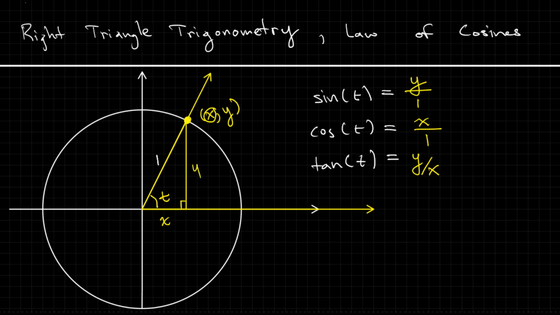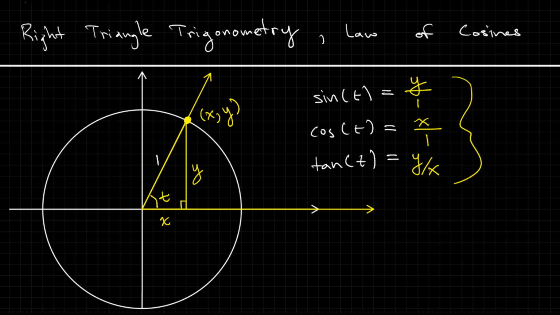Then y is going to be the length of this vertical side of my triangle. And of course, if we're on the unit circle, then the hypotenuse of this triangle, the long side that is opposite of the right angle, that length is going to be 1.